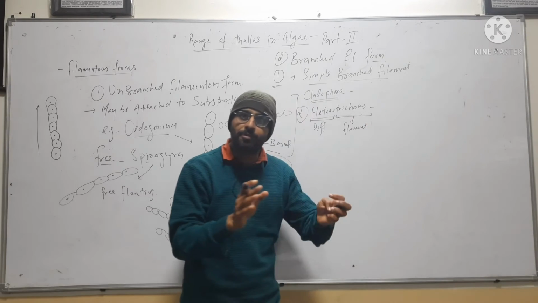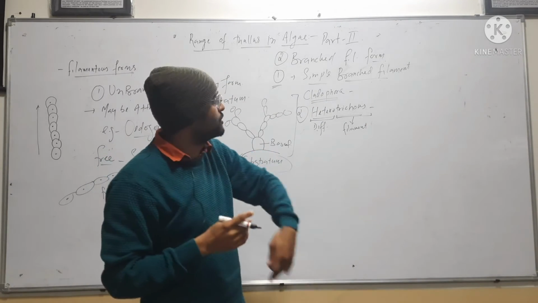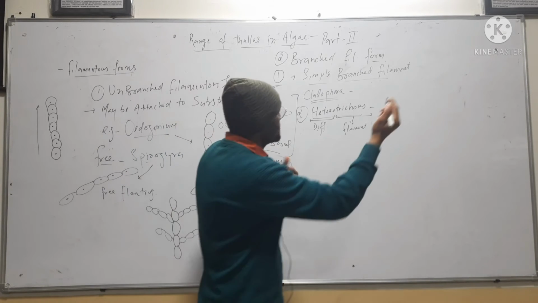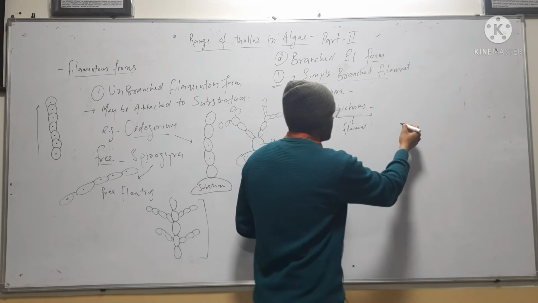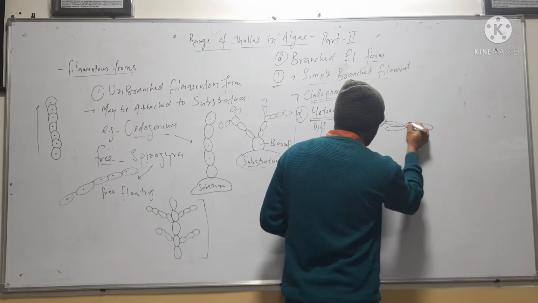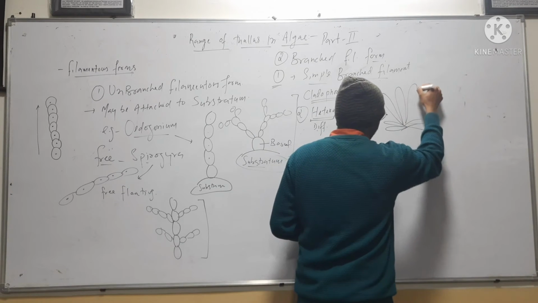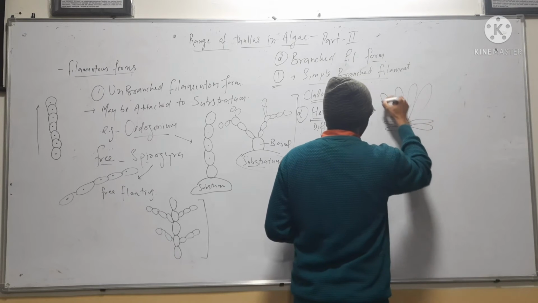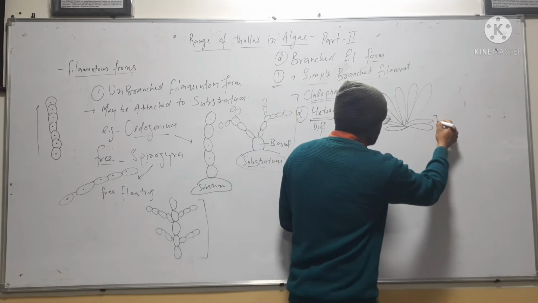When different types of filament are present in a thallus, then this habit is called heterotrichous habit or heterotrichous thallus. Here in this thallus, you can see that there are two types of filament.